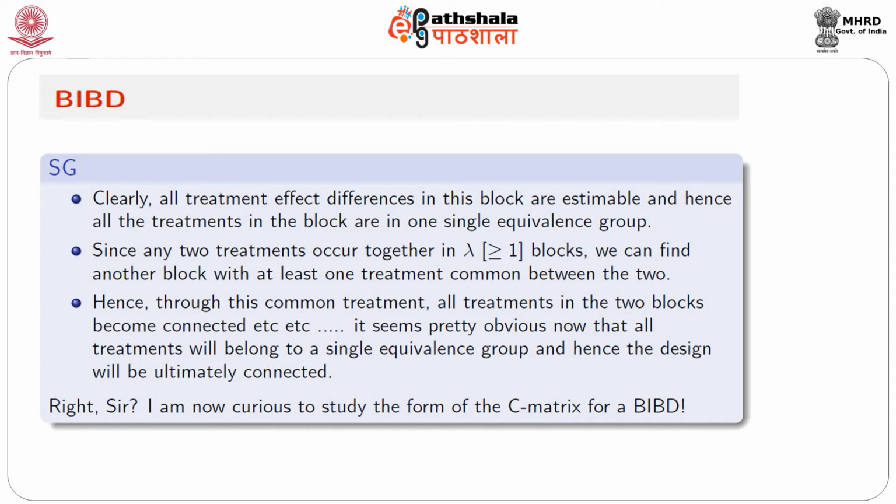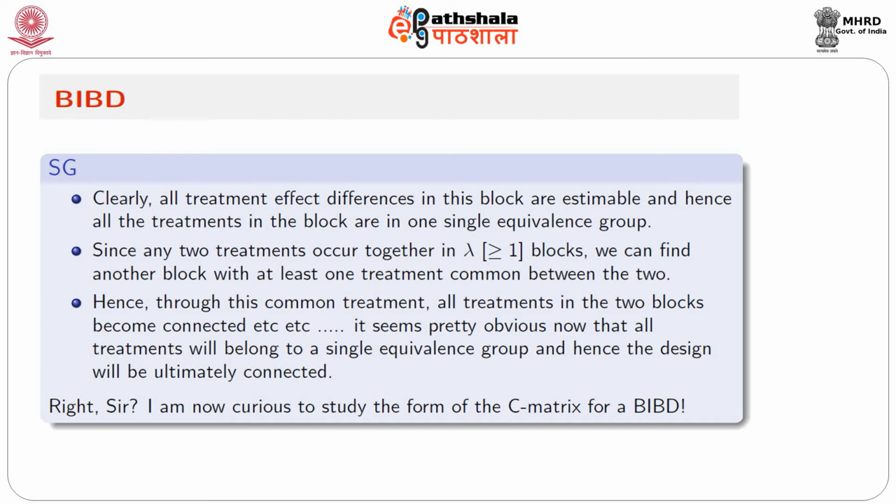Hence, through this common treatment, all treatments in the two blocks become connected, and so on. It seems pretty obvious now that all treatments will belong to a single equivalence group, and hence the design will be connected. Am I right, sir?